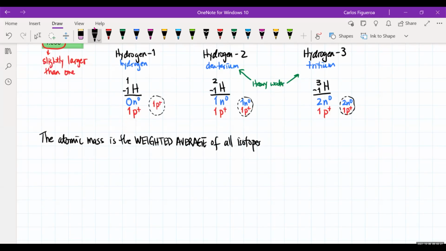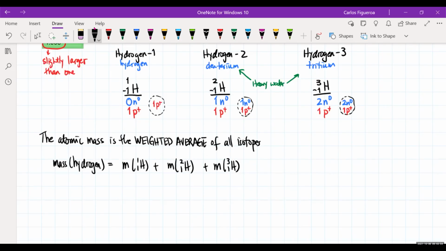So when I write hydrogen, this means that the mass of hydrogen then has to be what? The mass of hydrogen plus the mass of deuterium plus the mass of tritium.